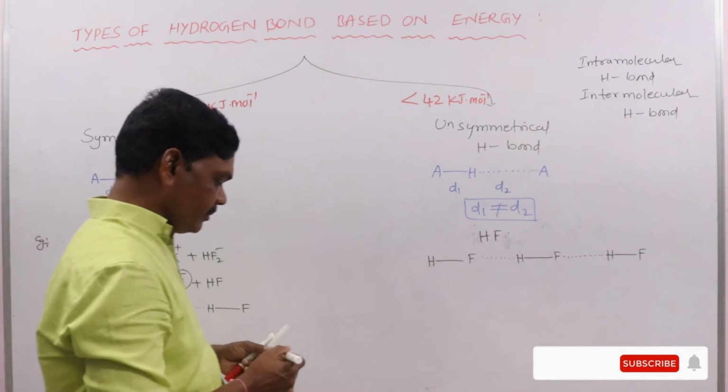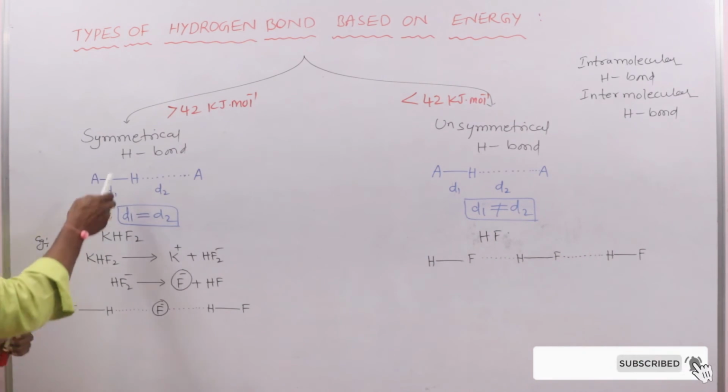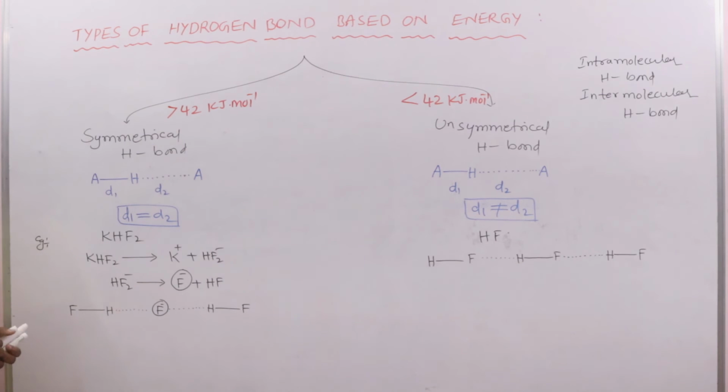Now in the case of the unsymmetrical bond, HF is a dipole.